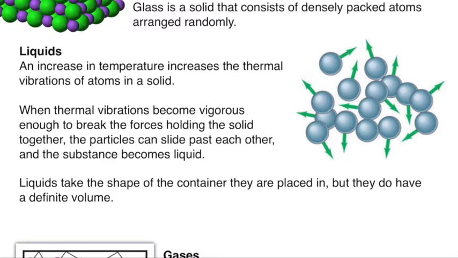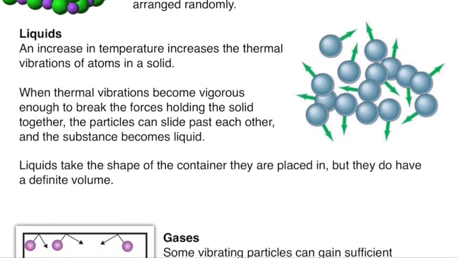So a liquid has a definite volume, but it doesn't have a definite shape. Since they can slide past each other, they would take whatever shape of the container it's in. A solid is going to have a definite volume and a definite shape.